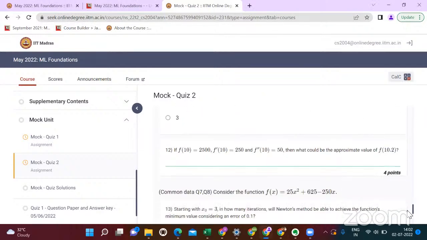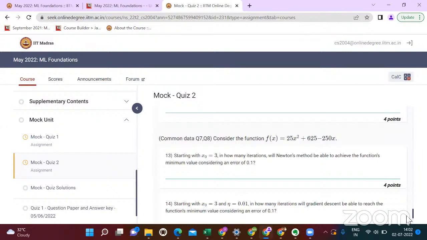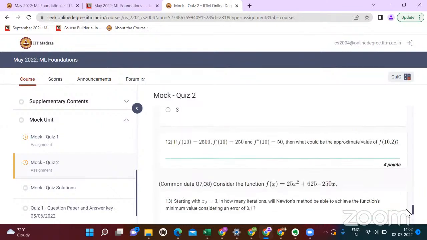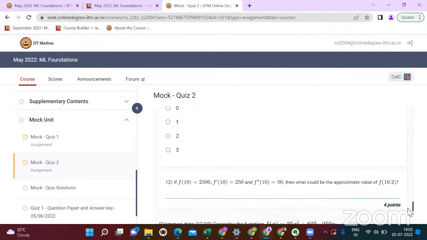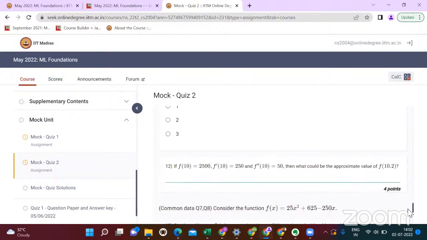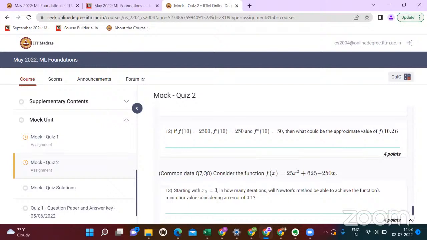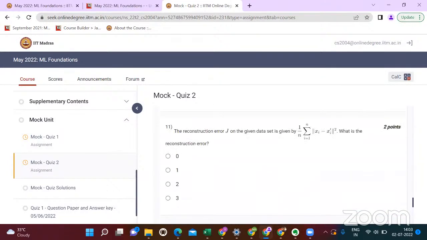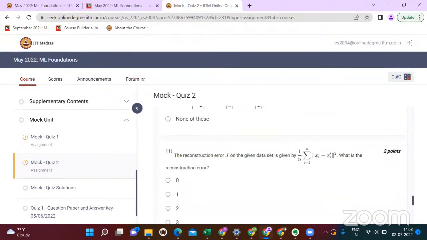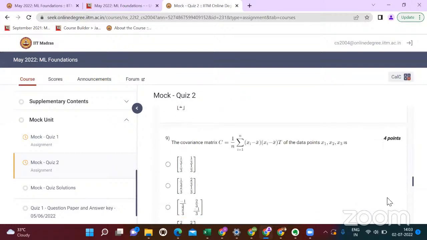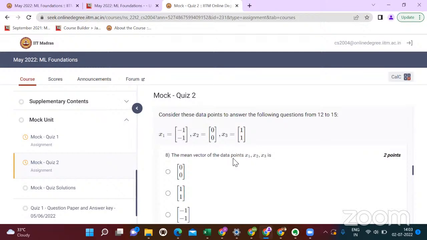There are 13 questions here, and we'll be expecting 13 or 14 questions in the exam also. We have chosen the same number of questions from each week as in the final exam, maybe one or two less or more, but almost similar. From the third, sixth and seventh weeks you can prepare this type of question, like solving for a number in three dimensions.